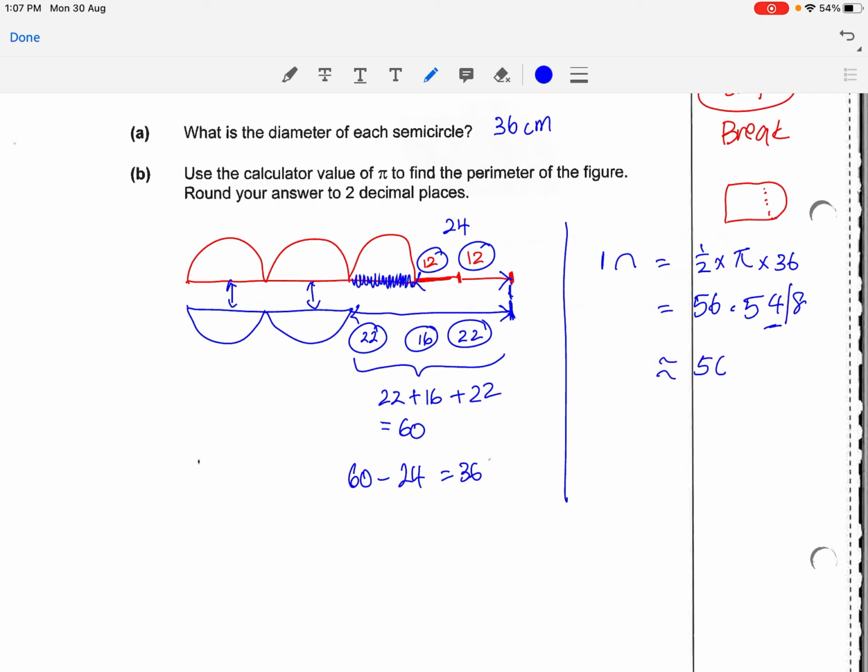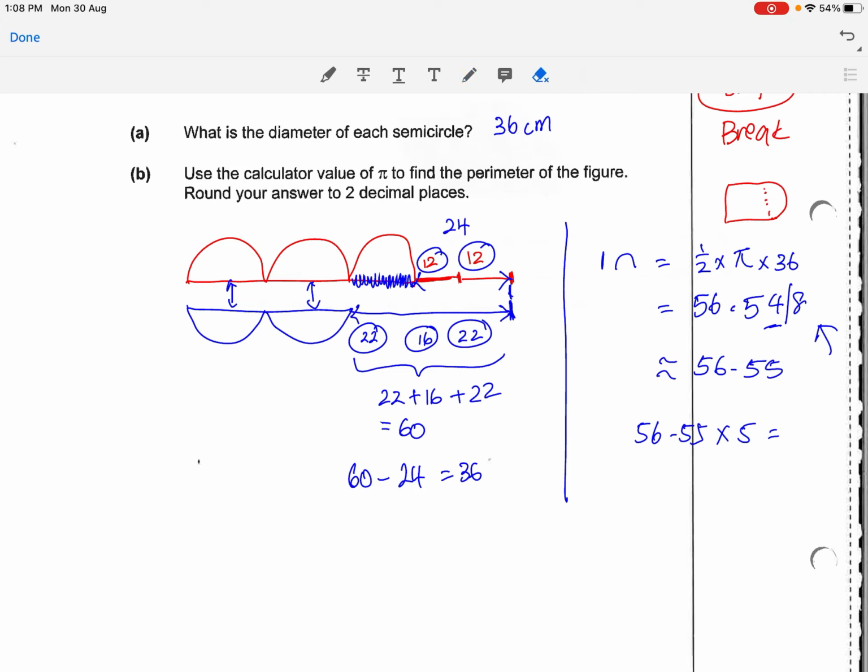And after that, you continued to times 5 to get 5 semicircles. There's nothing wrong with your method, but you are using the calculator pi too early, so towards the end the accuracy is not there. Every time you're using calculator pi, the rounding should be towards the back.